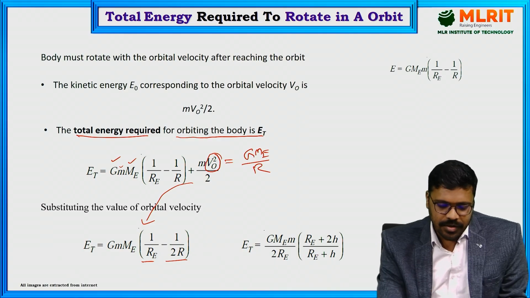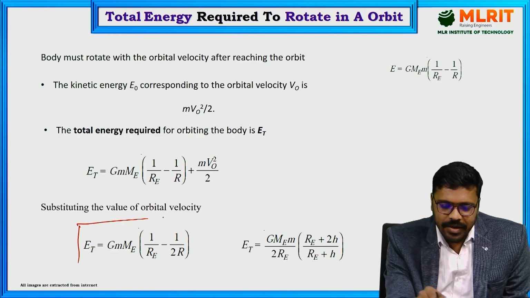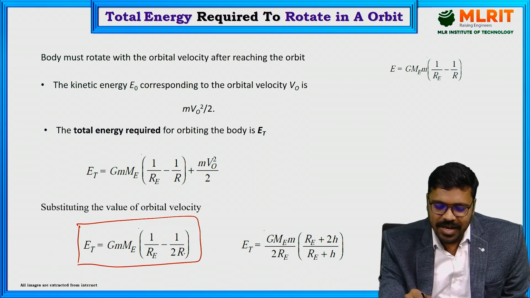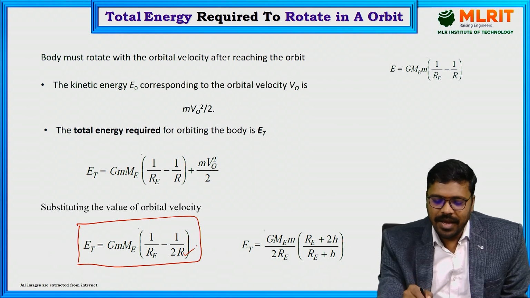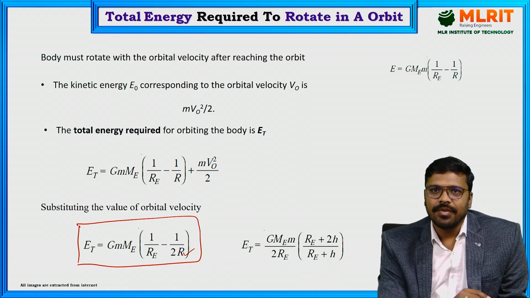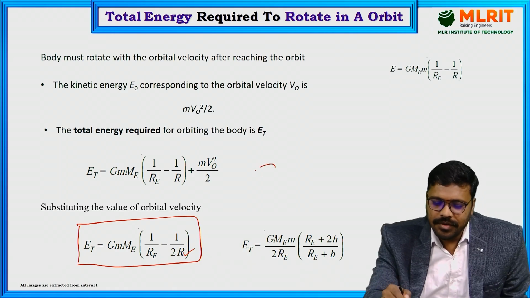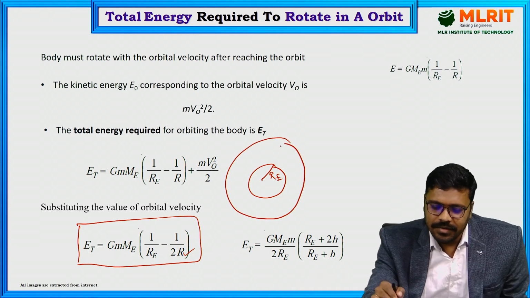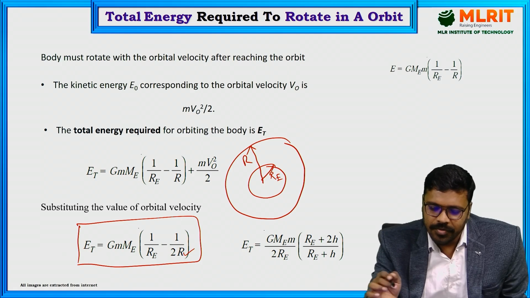Right. If you observe this equation carefully, what is R here? It is the radius of the orbit, and I can write this in terms of the radius of the earth. So this is the earth, this is the radius of the earth, and this is the radius of the orbit.